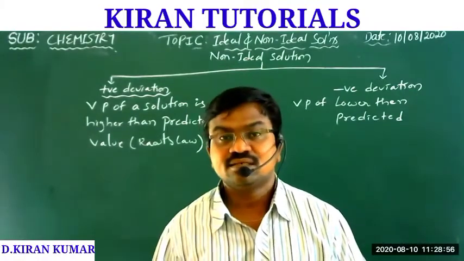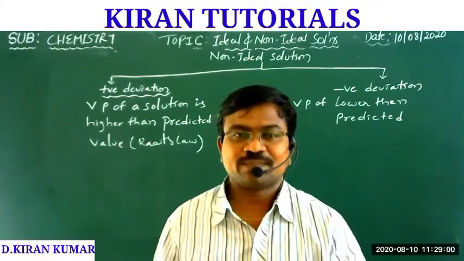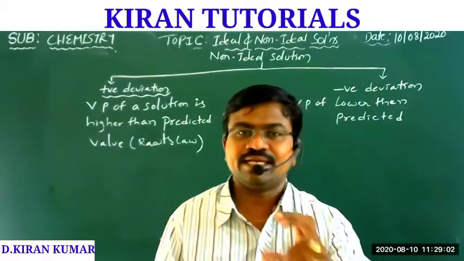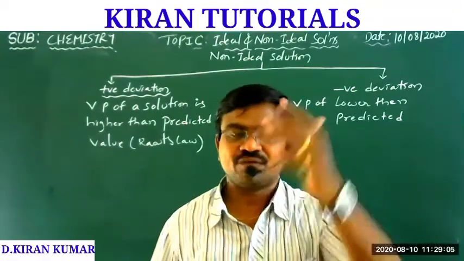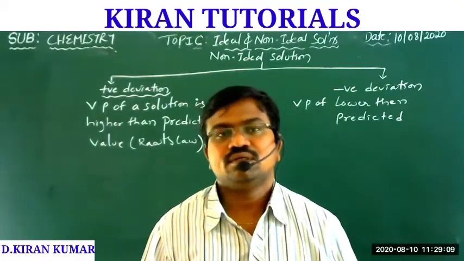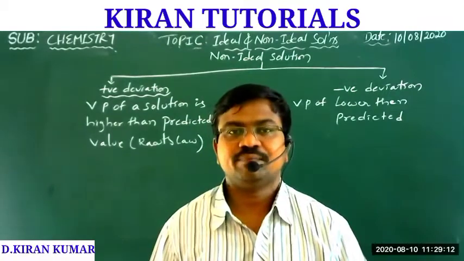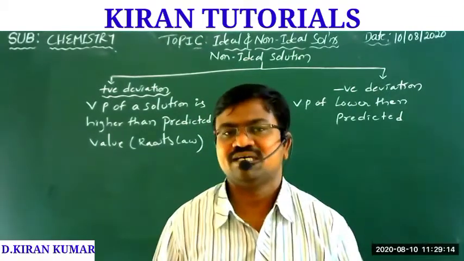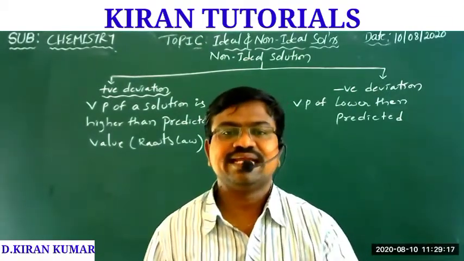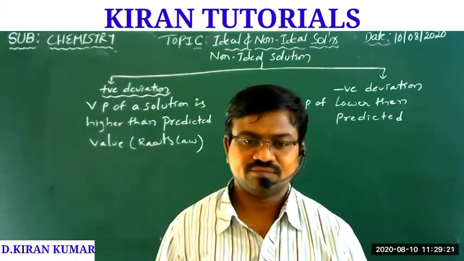Then it is a positive sign, means positive deviation. We expect 80%, but he got 60% marks. Then it is negative deviation. Clear?